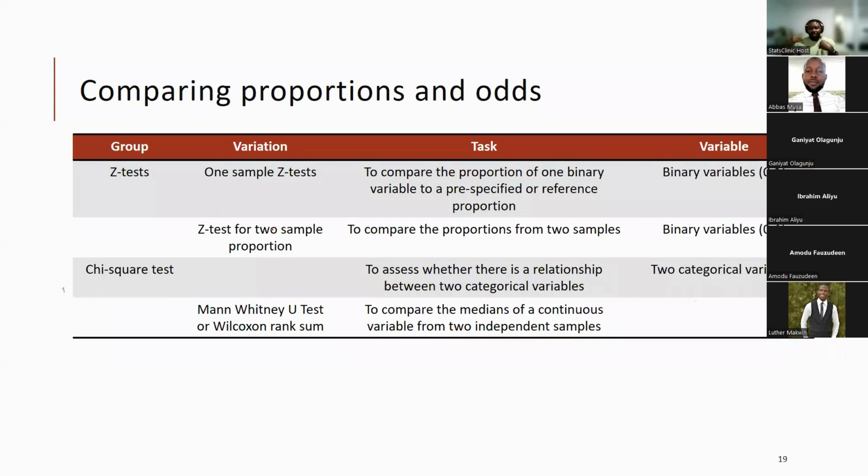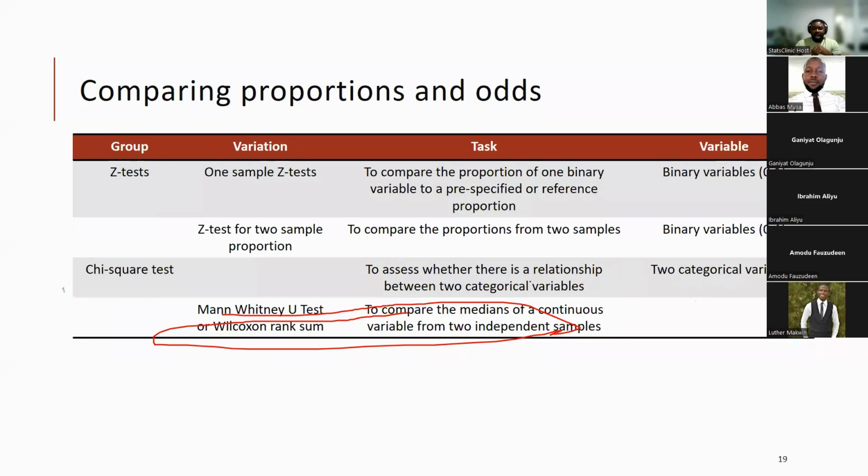This is a little different from chi-square, where you also have two categorical variables, often binary, and you want to see whether they're related to each other. And this part of the slide is wrong. Sorry. So the chi-square, you want to see whether there's a relationship between the two categorical variables.